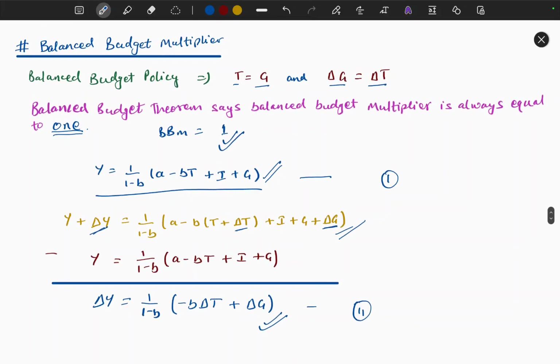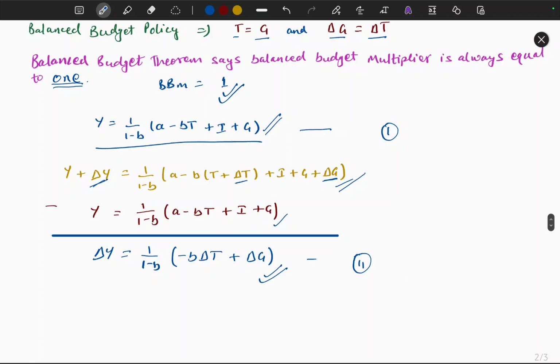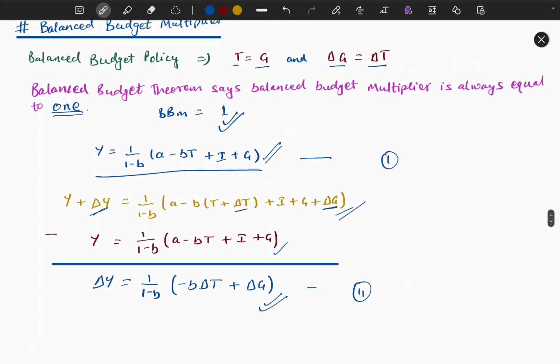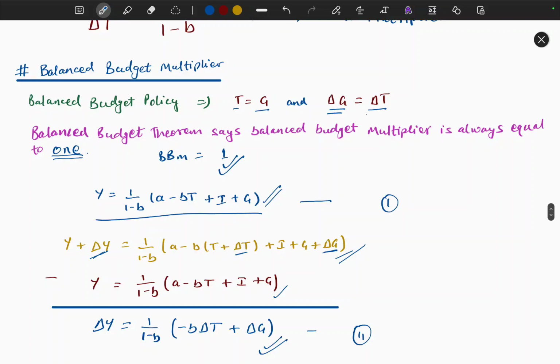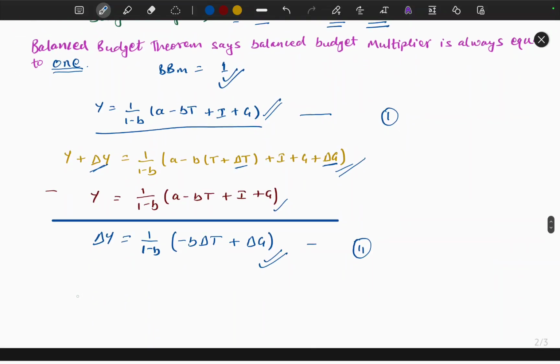After subtracting the original equation, we get delta y is equal to 1 over 1 minus b times (minus b times delta t plus delta g). Since our assumption here is that delta g is equal to delta t, we will substitute delta g for delta t in this equation.